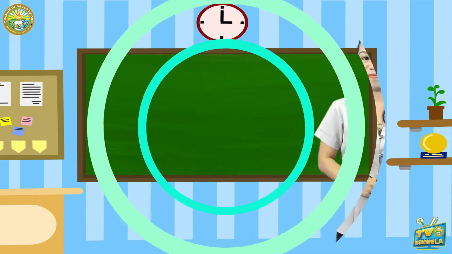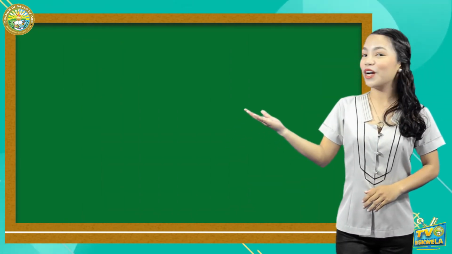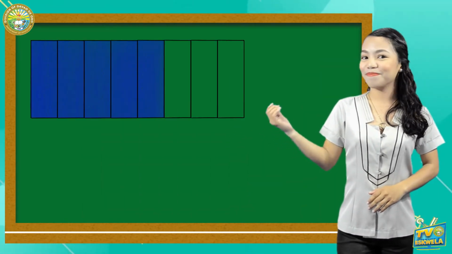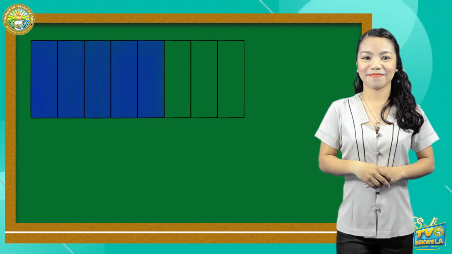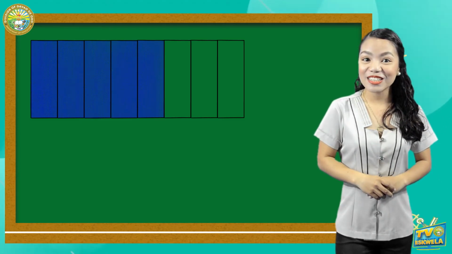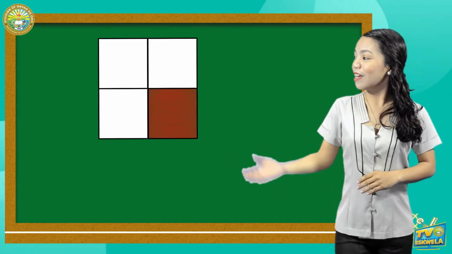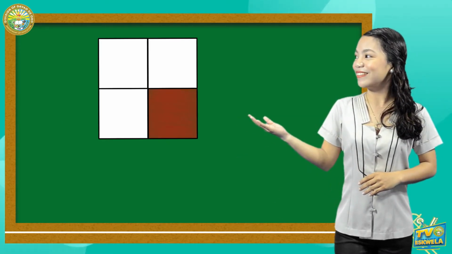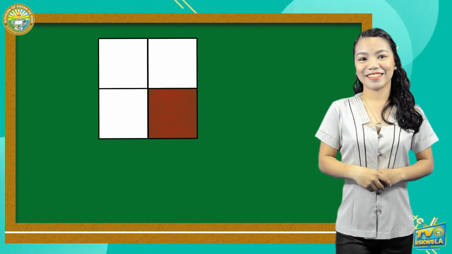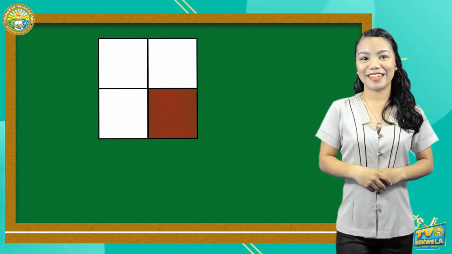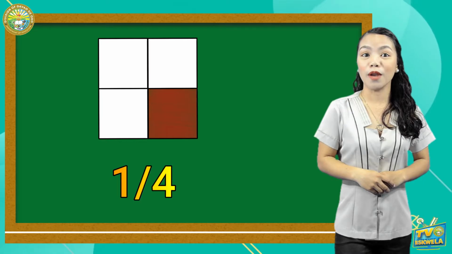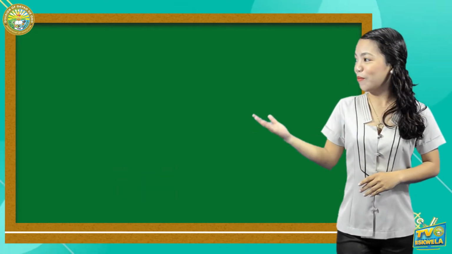Let's begin. Look at the figure of number 6. The answer is 5 over 8. How about number 7? The answer is 1/4. Number 8.